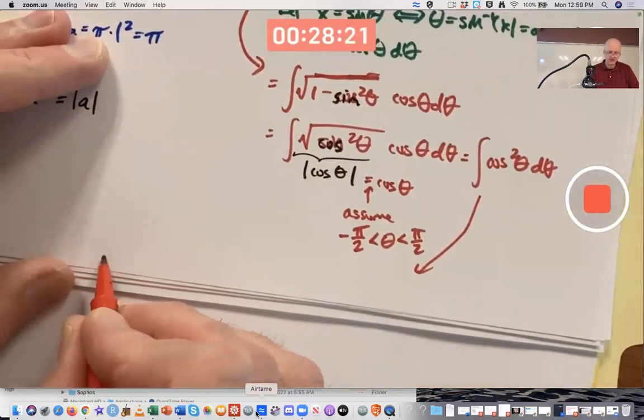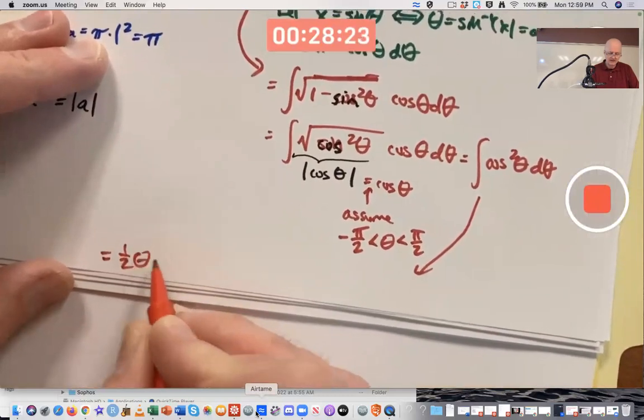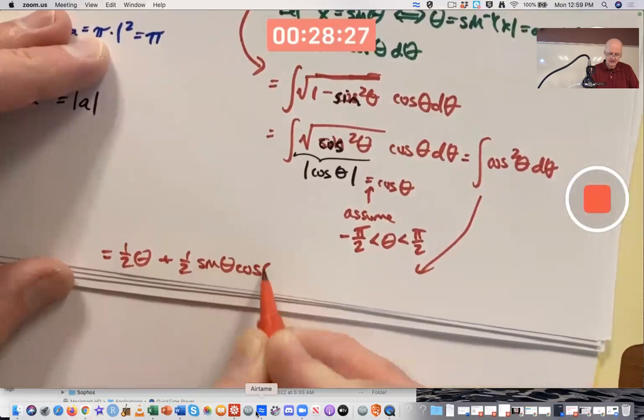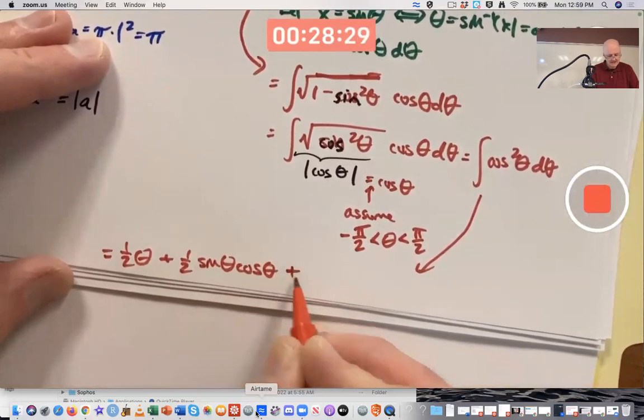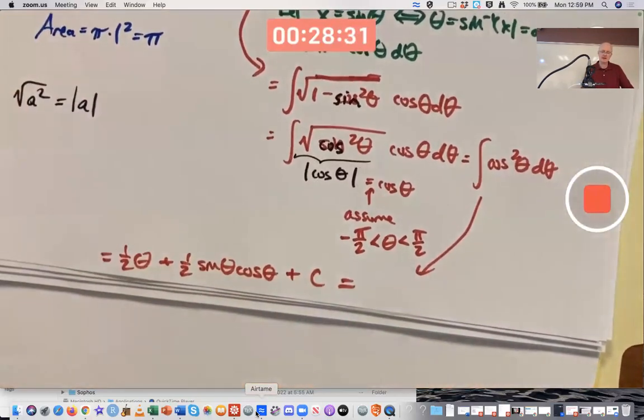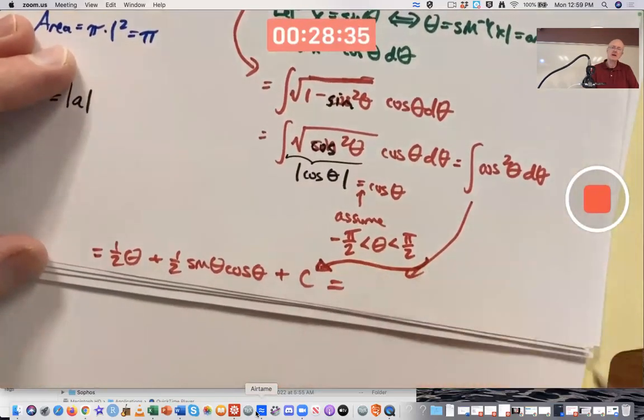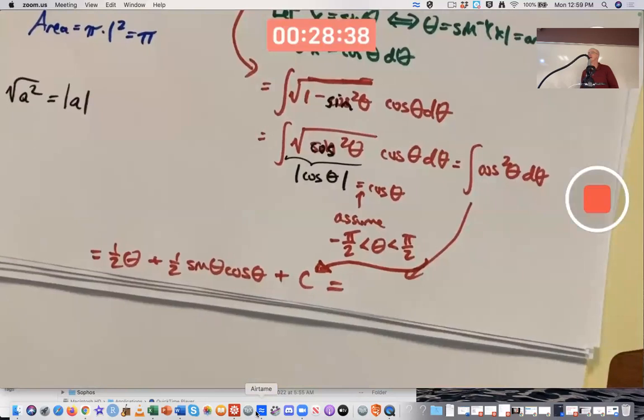Put it over here more. 1/2 theta plus 1/2 sine theta cos theta plus c. But remember, we need to get back to x.